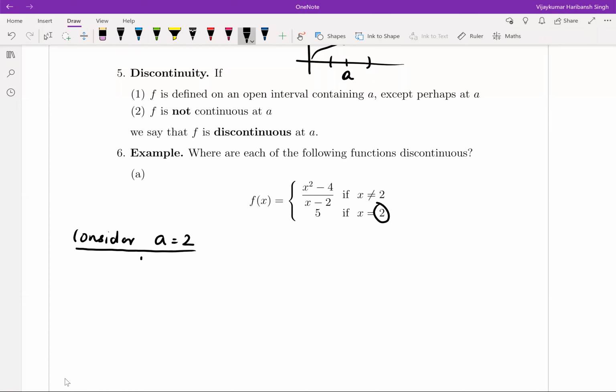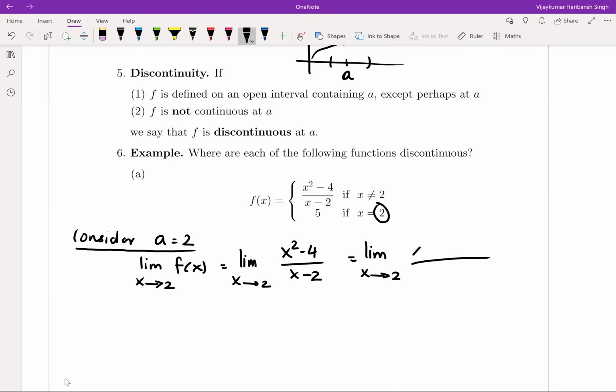What is the limit as x goes to A, or x goes to 2, of f of x? Now as x goes to 2, x is not 2. So what is the definition of the function when x is not 2? It is this thing here: x squared minus 4 upon x minus 2. Now you can factorize the numerator: x minus 2 times x plus 2 over x minus 2.